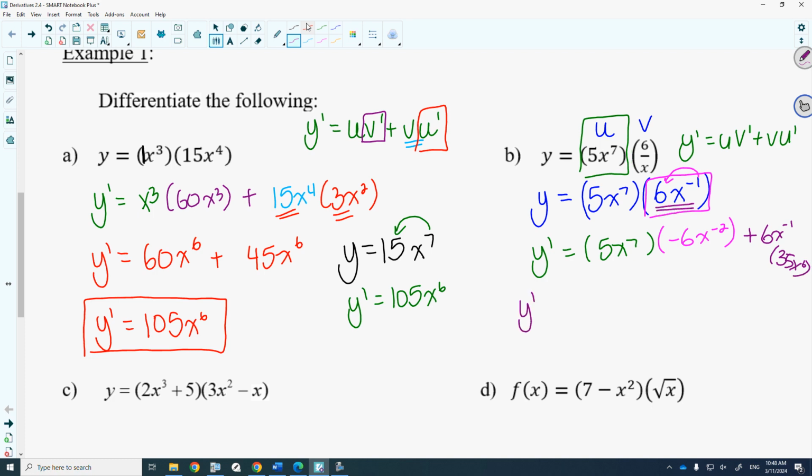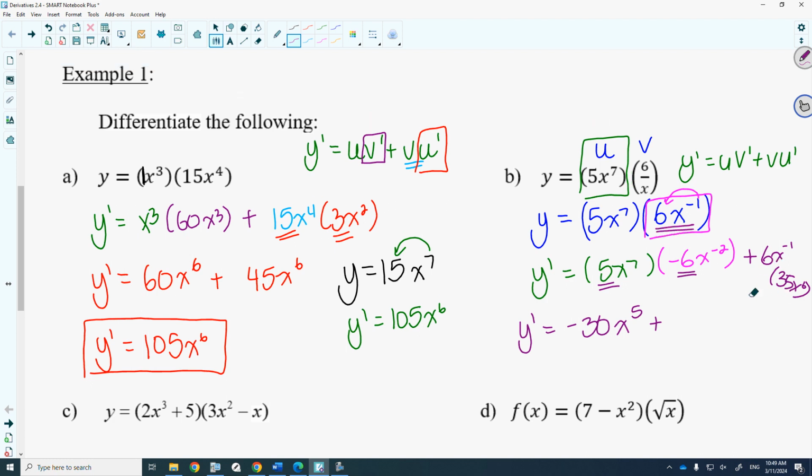Okay, y prime is equal to 5 times negative 6 is negative 30. X, add your exponents, 7 plus negative 2 is 5. Plus 35 times 6.